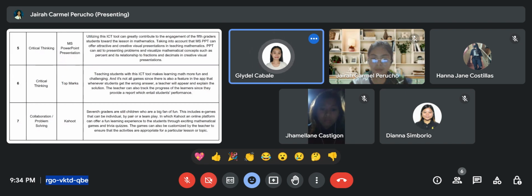And every time they have not gotten the correct answer, of course, they usually make mistakes, right? They don't leave it as it is, since there's a teacher that will appear to explain the solution. And one thing more about it is that it gives feedback about the progress of the students.